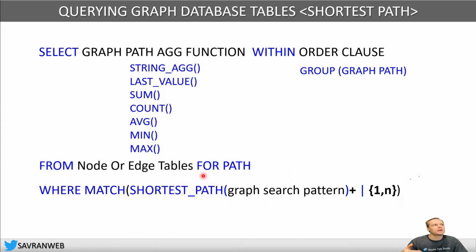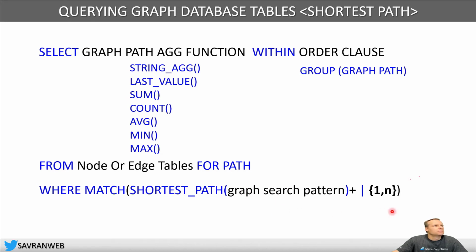Usually, the first table you hear is not going to be the one you look for because that's where you are starting from. Usually, for the rest of them, you need to tag them as for path. And as you can see, we put the shortest path in the match clause here, and we put the graph search pattern in the shortest path.